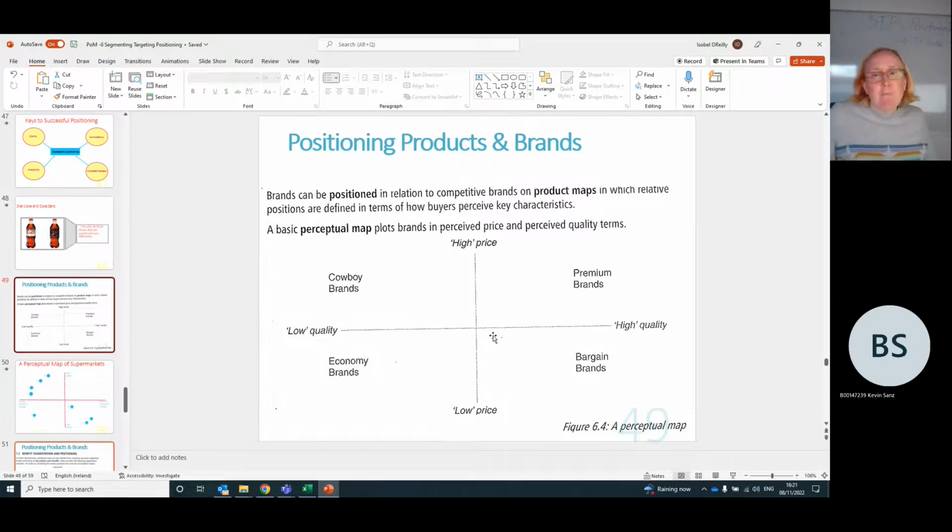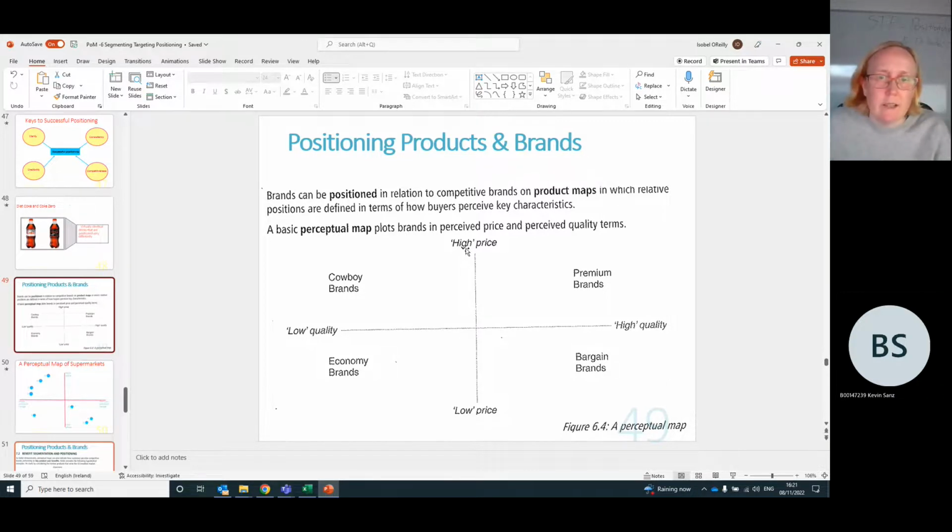We can use this perceptual map to help us identify gaps in the market, or identify what's going on, and so we can see what's going on with other brands. We can put certain characteristics on the axes so we can compare against two characteristics.